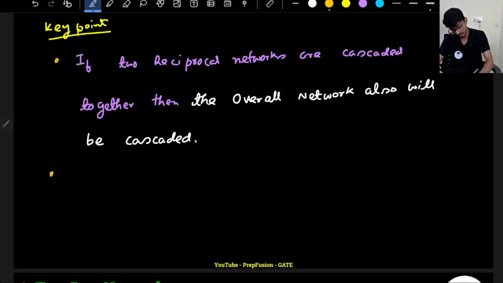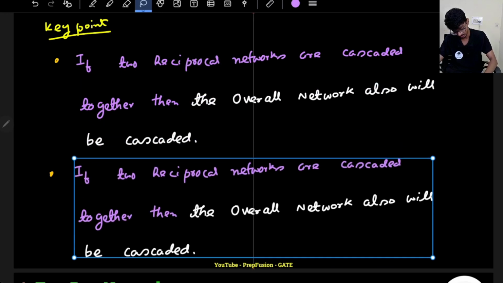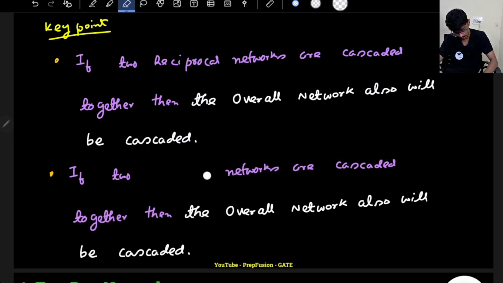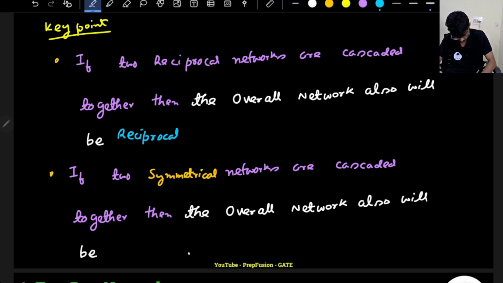If two networks are symmetrical, then the overall network also will be symmetrical. I should have written reciprocal above. It will be symmetrical.